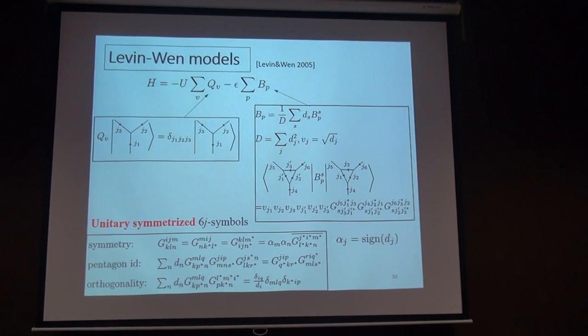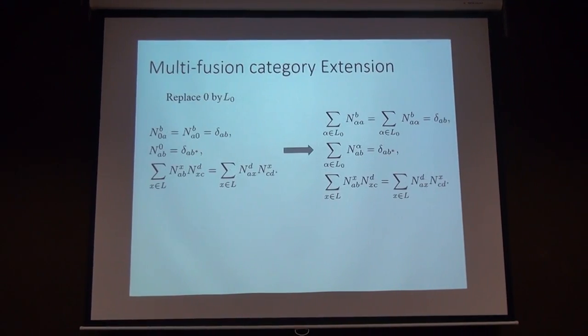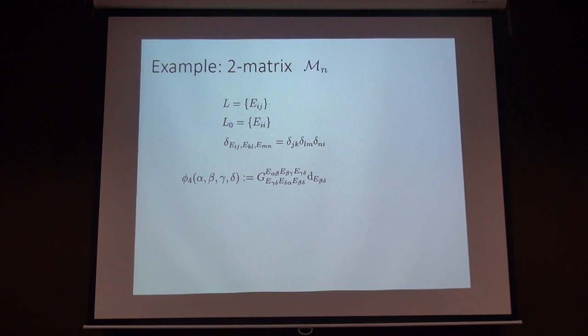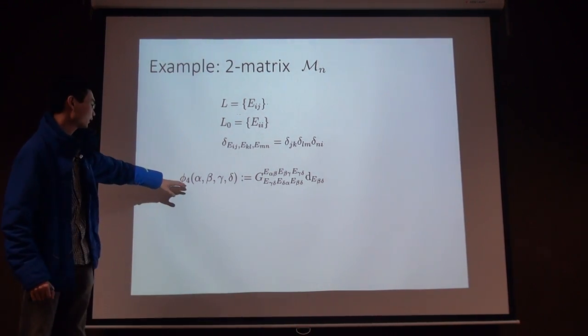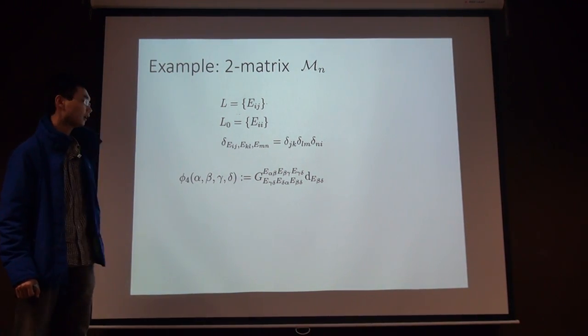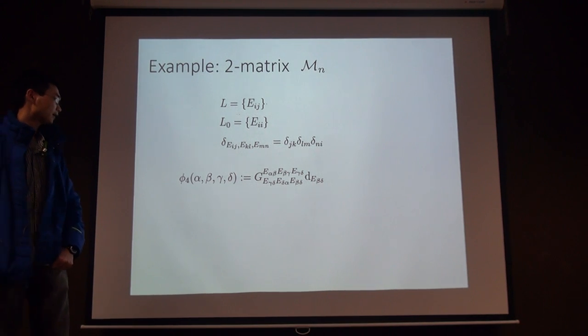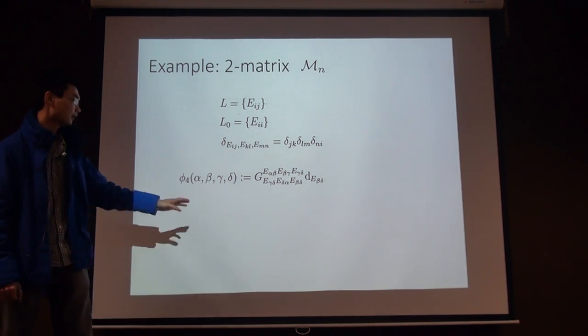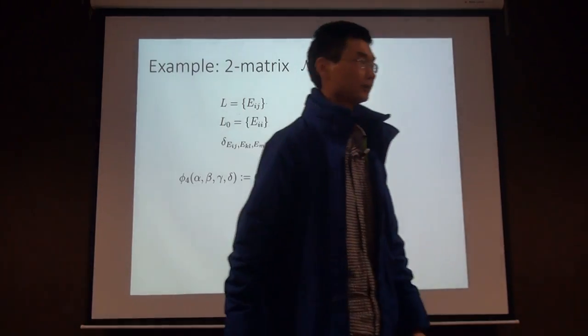The result is that the signature symbol only depends on 4 half labels: alpha, beta, gamma, and delta here, because of the fusion rule.